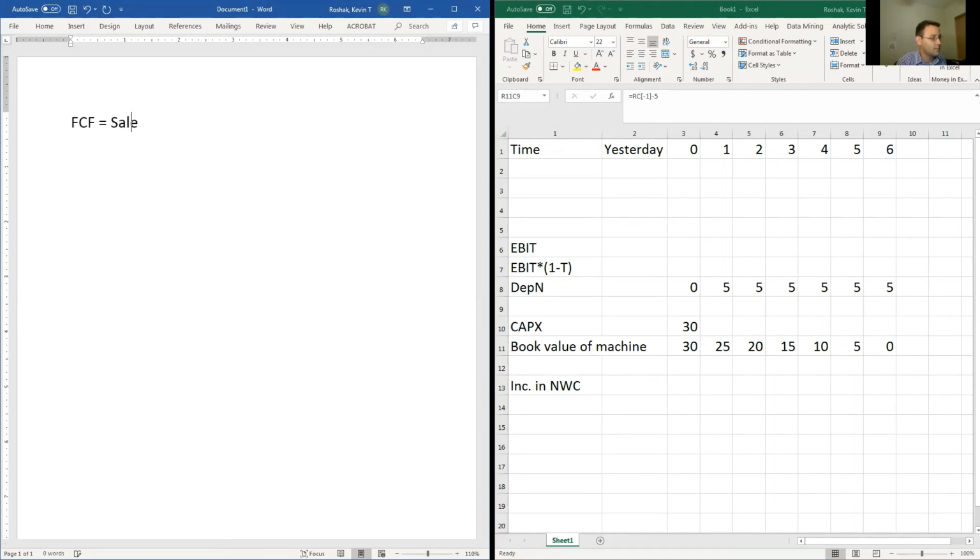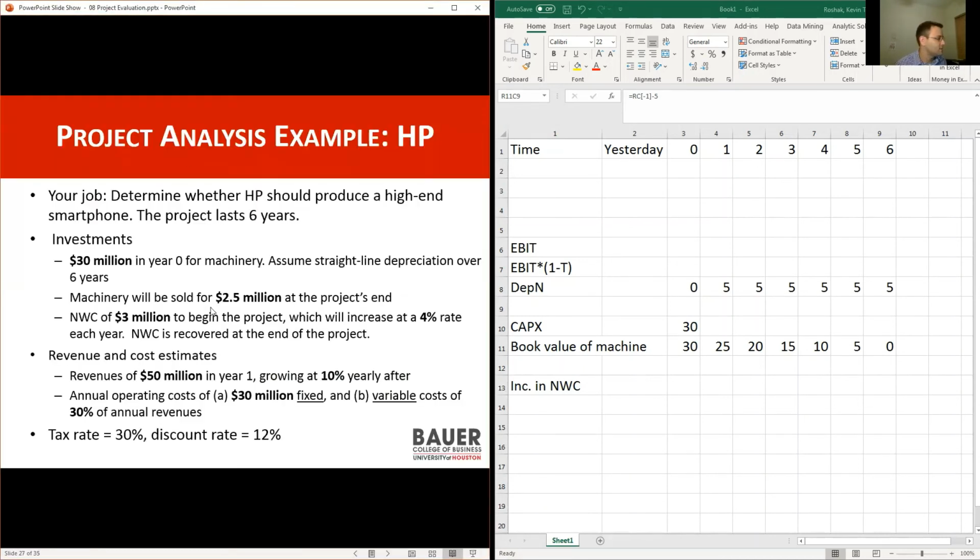It's the sale price minus the taxes that you pay on the sale. And the taxes is governed by the gain. So in this example, we said that you're going to sell the machinery for $2.5 million.